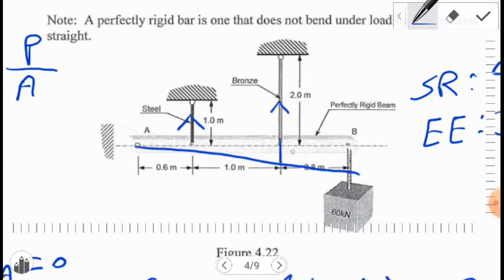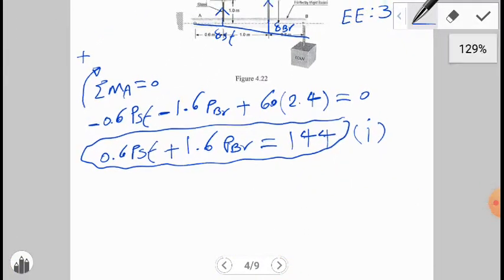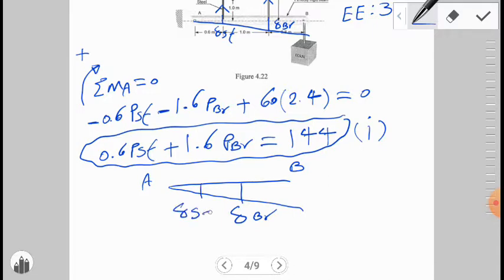We have delta bronze, the deformation in the bronze, and delta steel here. If we draw here again, in the original case, beam AB, after the deformation, here we have delta bronze and delta steel, at 0.6 and 1 meter.